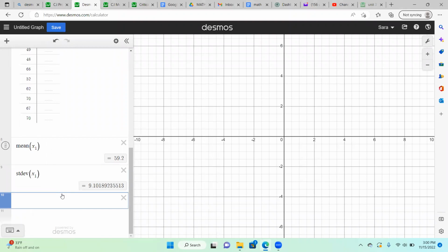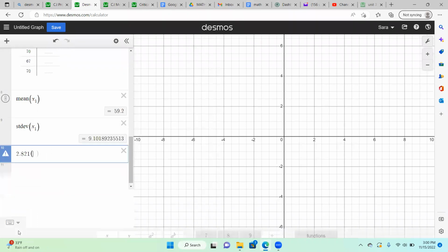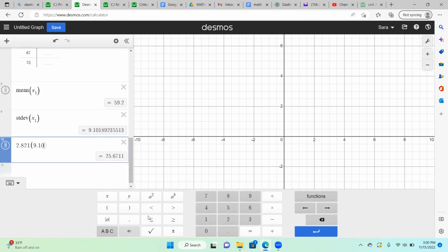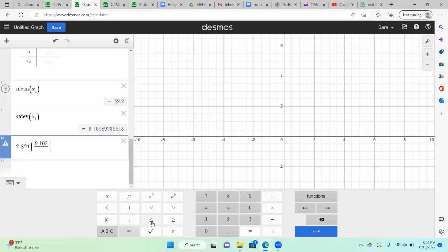So we have 59.2 plus, actually, let's just do our error bound of the mean, 2.821 times 9.102 divided by the square root of 10.